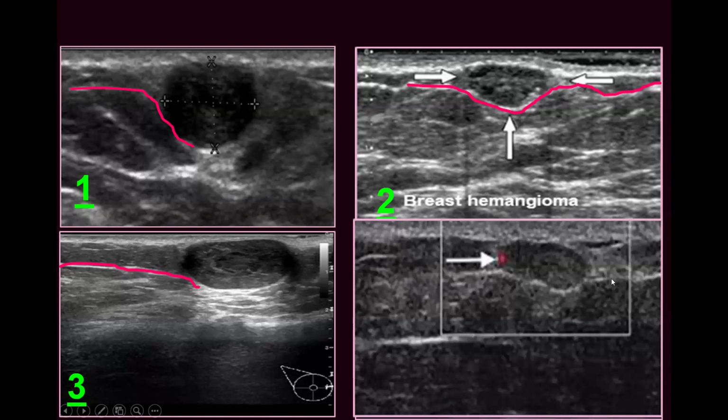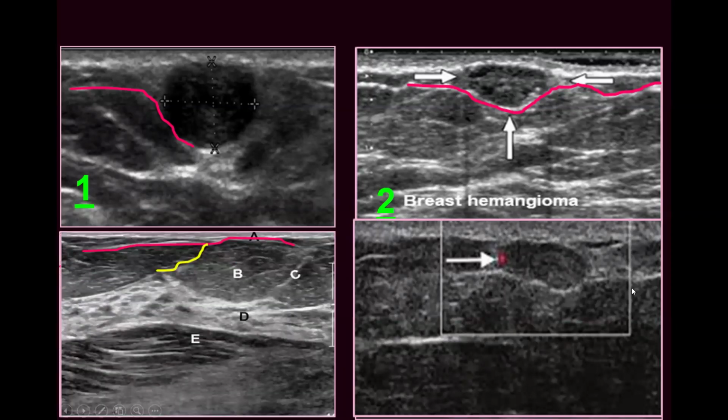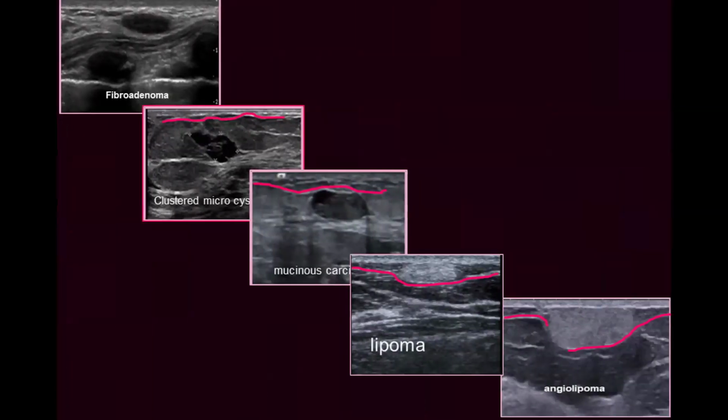Again, this is from the literature, proven to be epidermal cyst. Look for the superficial fascia coming posterior to that lesion. Okay? If we look at these examples, this is angiolipoma, and lipoma arises in the subcutaneous tissue.